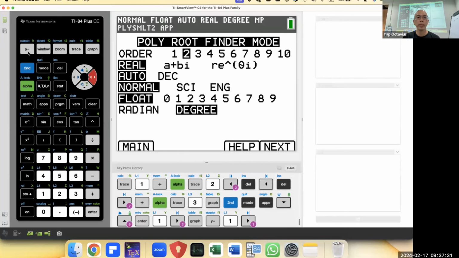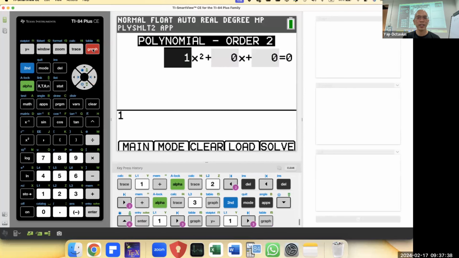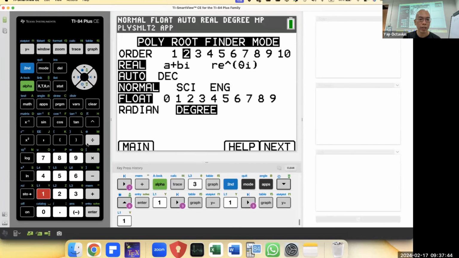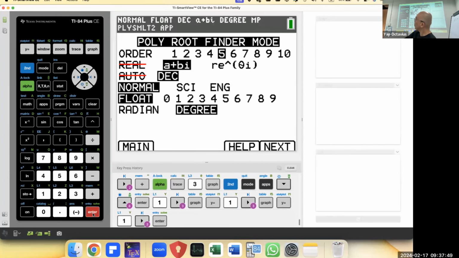Main coincides with your y equals. So you go power 5, then go next. Why doesn't it work? Oh sorry, I never pressed enter. You go power 5, must enter first. Why did they cancel off? Because power 5 still has complex roots. So then you can go next.